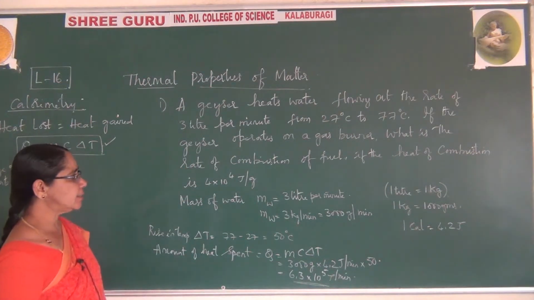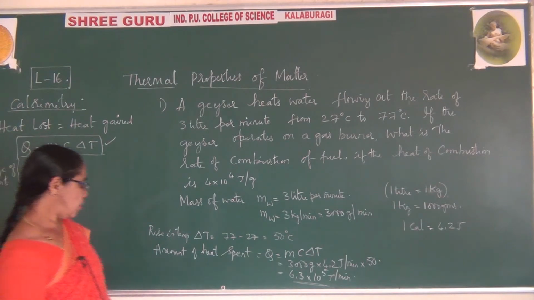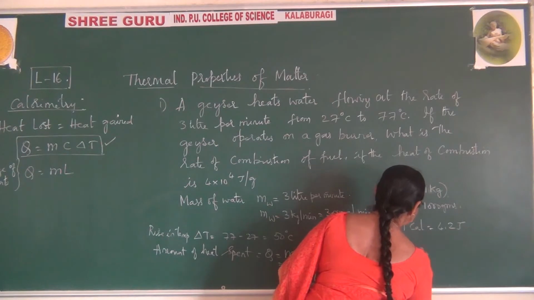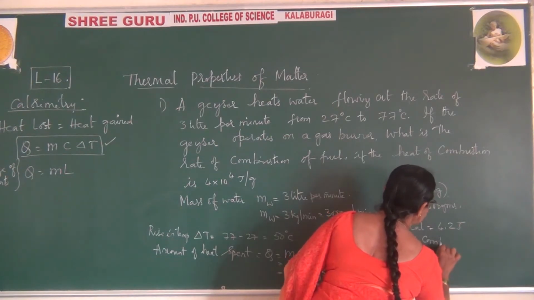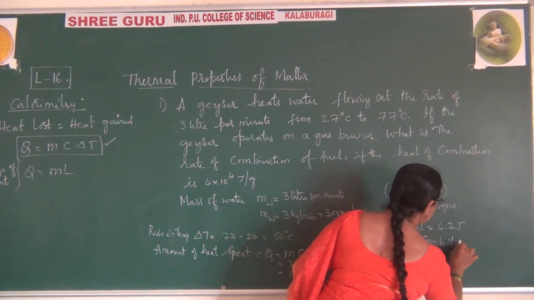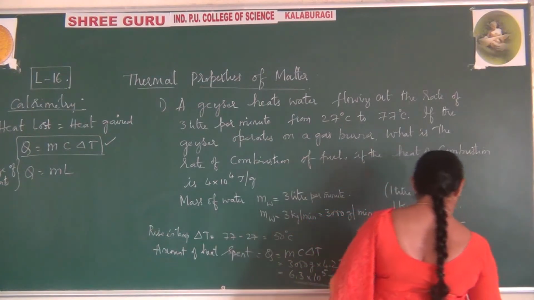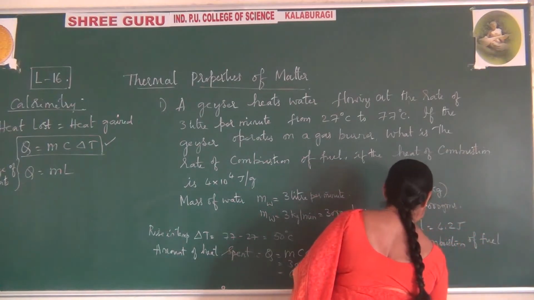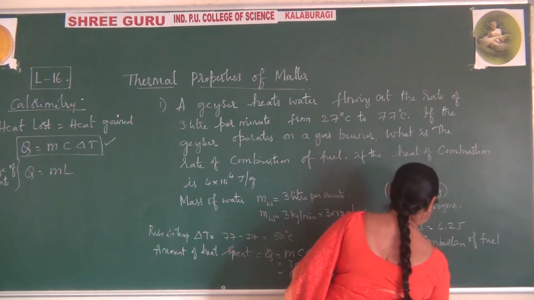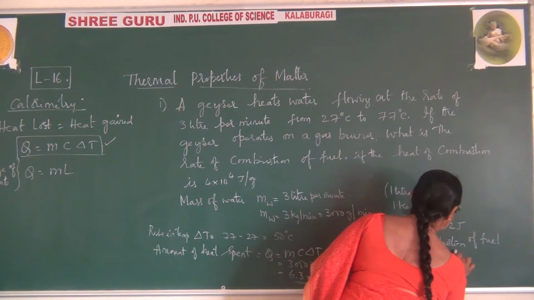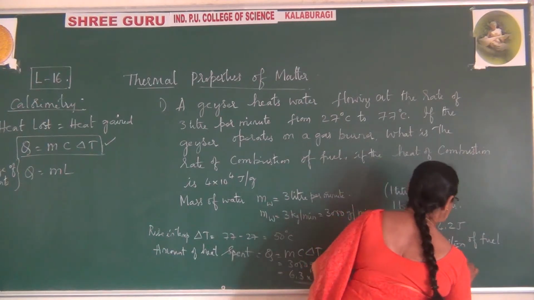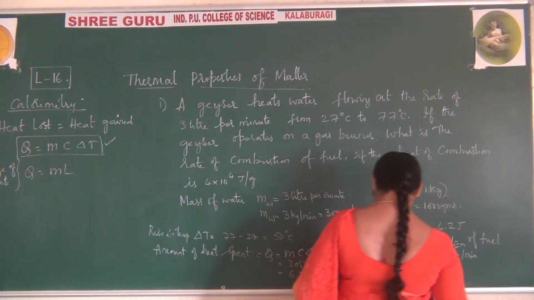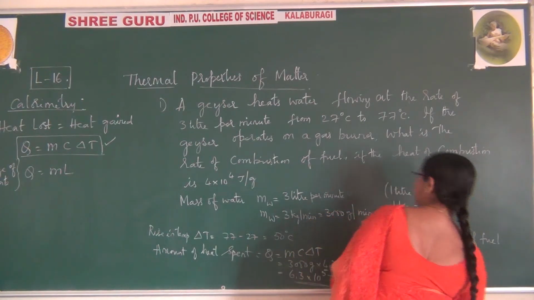So how to calculate this rate of combustion of fuel? Now let me write here. Rate of combustion is equal to whatever quantity you have, that is 6.3 into 10 raised to 5 joules per minute, divided by the one given here.